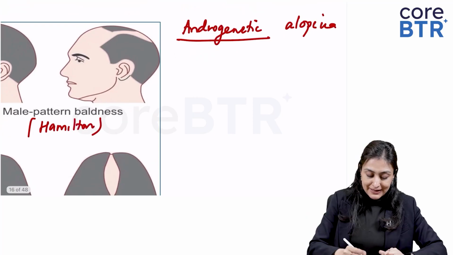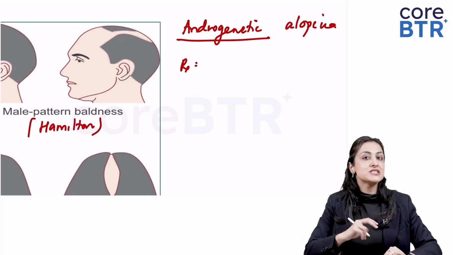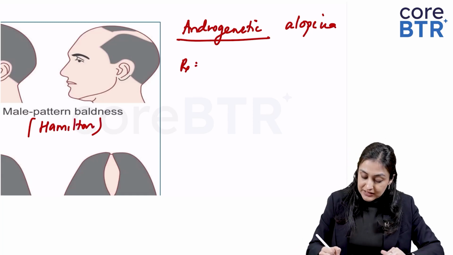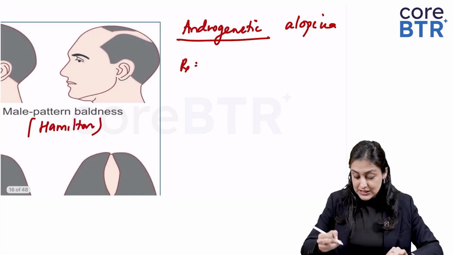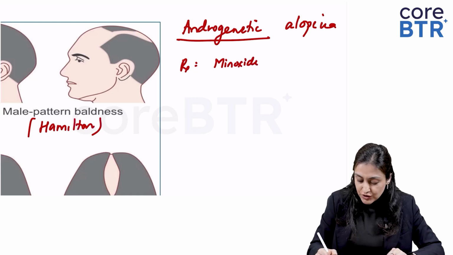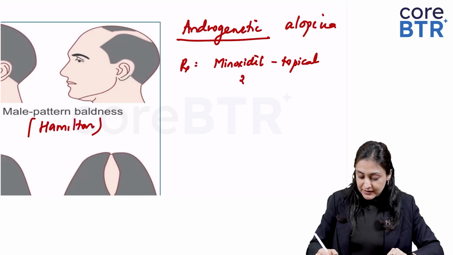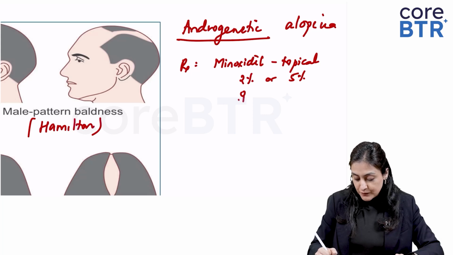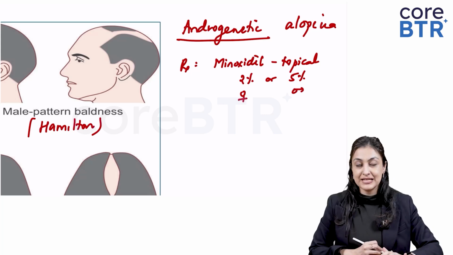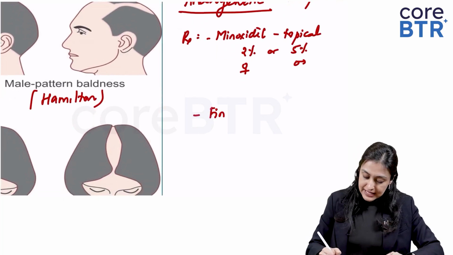Because it's mediated by androgens, what do we want to do? So we have a topical treatment, we have a systemic treatment. The topical treatment that you will use for androgenetic alopecia is going to be minoxidil. Because it's a very toxic agent, we only use it topically. So it's either 2% or 5%. So in females, they write 2%, in males, they write 5% minoxidil. The only systemic agent that you have is finasteride.